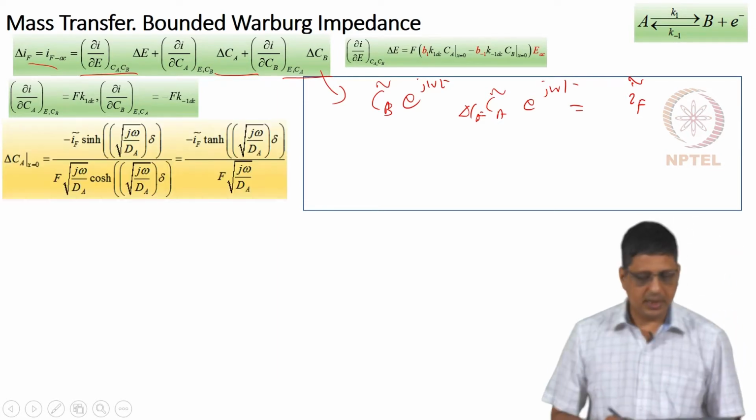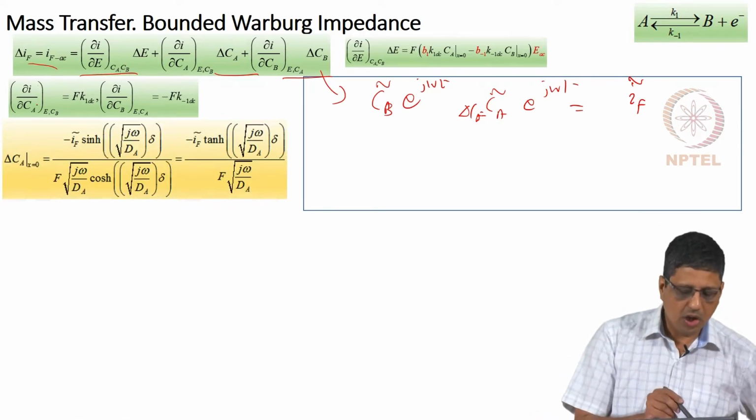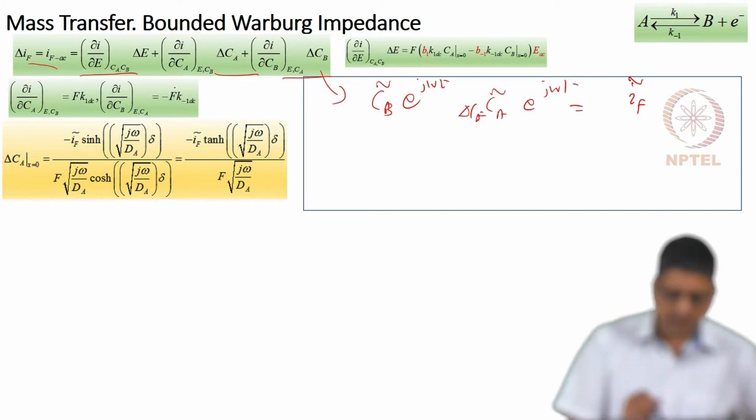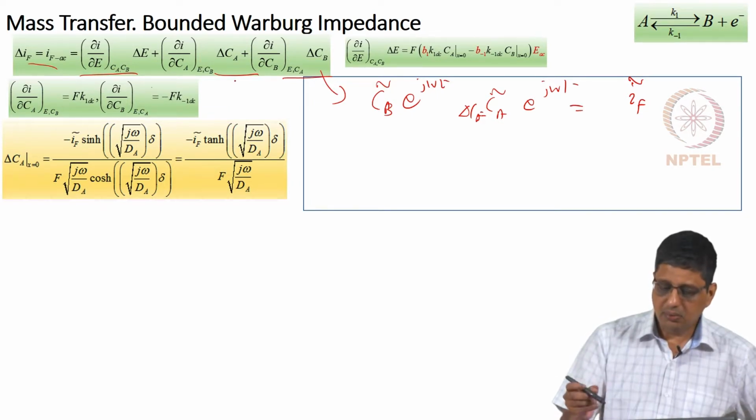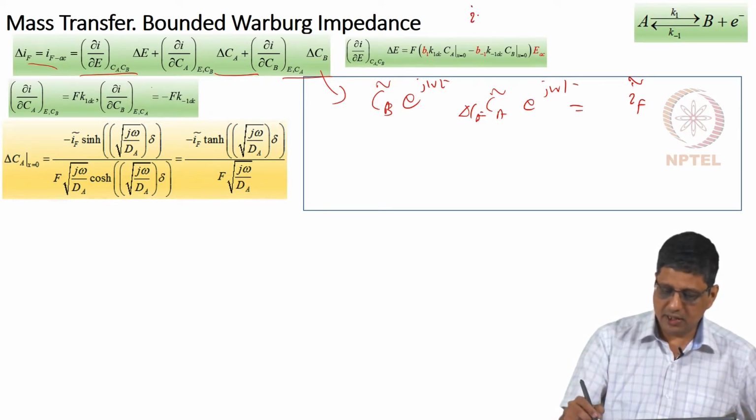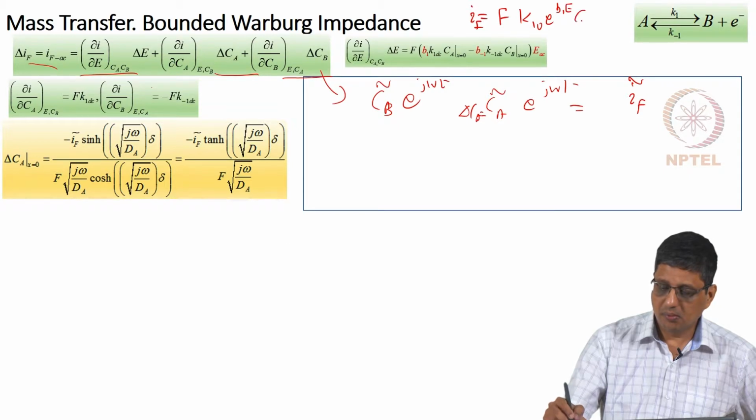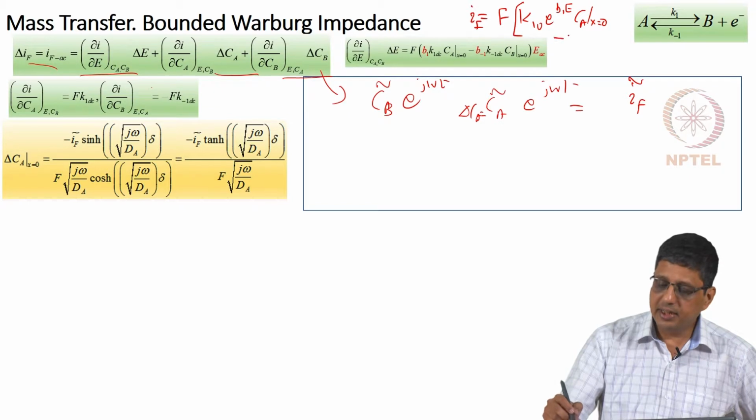So, what would happen is dou I by dou Ca, dou I by dou Cb, we have the values, and this is based on the equation I equal to Faraday current is equal to the net rate of production of electrons.